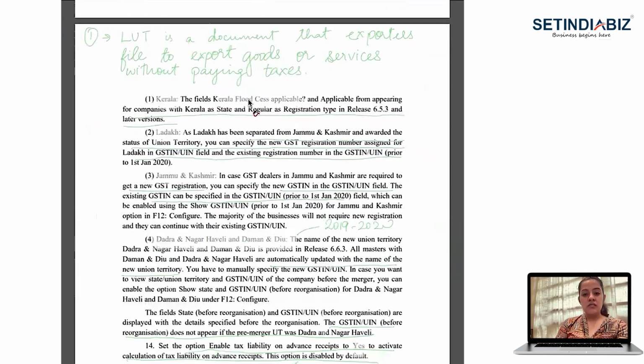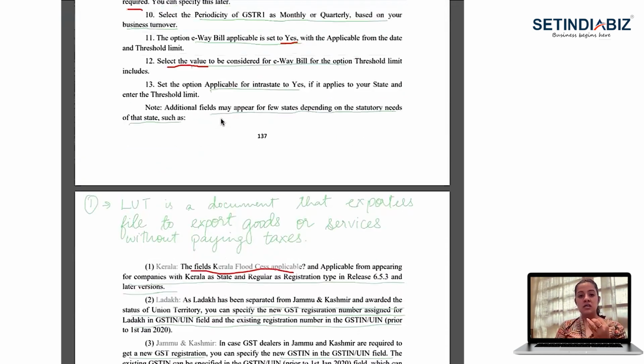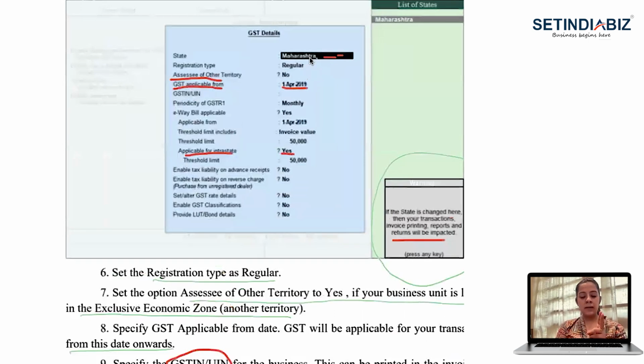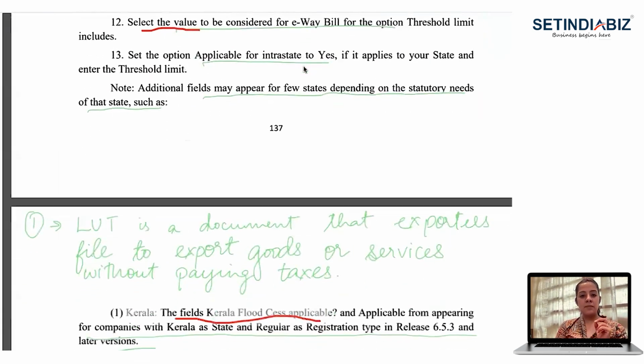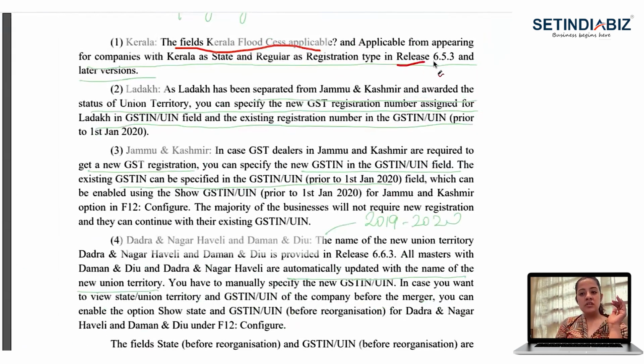The field Kerala flood cess applicable is also there, and applicable from, appearing for companies with Kerala as state and regular as registration type in release 6.5.3 and later versions. So it is saying that if I select Kerala as state and regular as registration type, then Kerala flood cess is applicable, right? And it has been applicable only in Tally version 6.5.3 onwards.